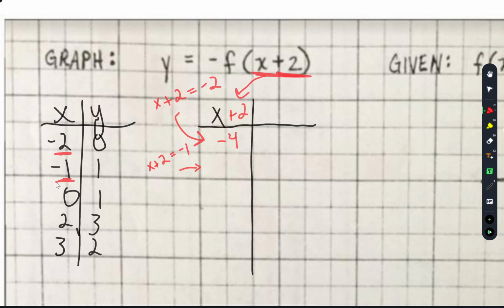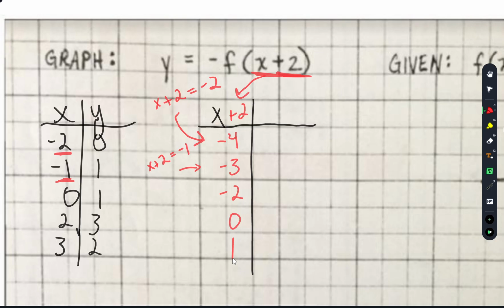Or you could also just obviously go left 2. But say it's super complicated in there, you know what I mean? Like say it was 3x +2 or something goofy. You can solve it by writing whatever is in the parentheses here and setting it equal to the X value that you started with. Okay, so this one would be -3, -2, 0, 1 if you solve them all.